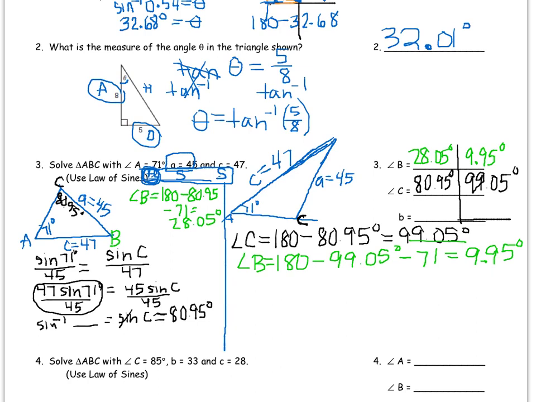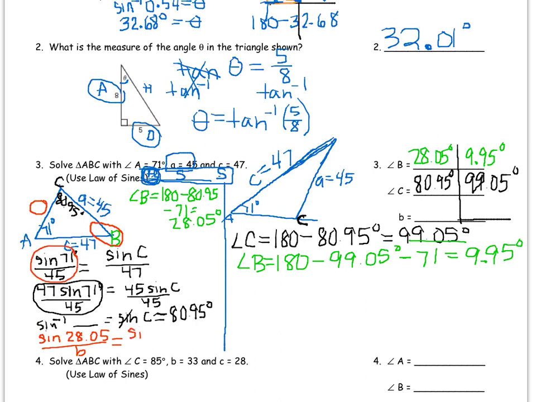So for my first triangle, I need to do this over this. So that would be the sine of my angle B, which is 28.05, over my side B, which I don't know, so I'm going to put a B there, equals, and I'm then use this original problem.